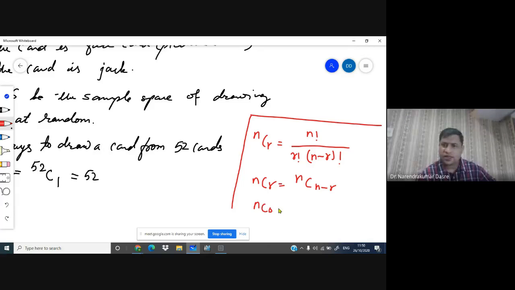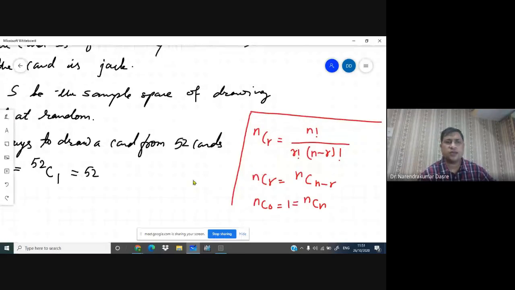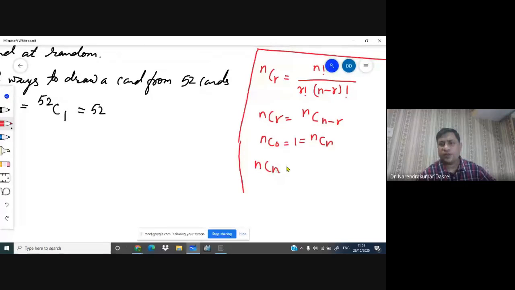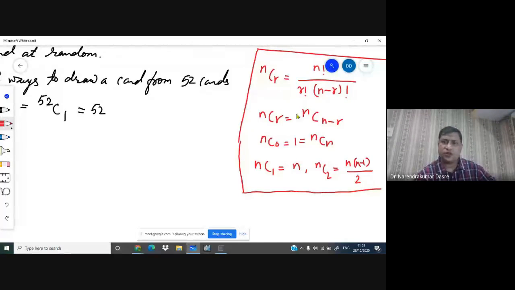Then we know nC0 is equal to 1, which is the same as nCn. Then nC1 is n, and nC2 is n into n minus 1 by 2 factorial, which is 2. These are some of the basic formulas for combination.